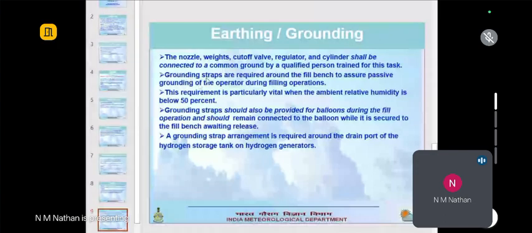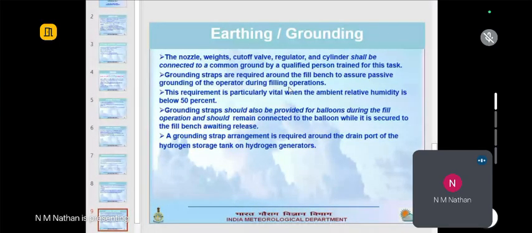Grounding strips are required around the filling bench to assure the passive grounding of the operator during the filling operations. So we have to maintain that. But over a period of time, what I have observed now is that other people are very lethargic.